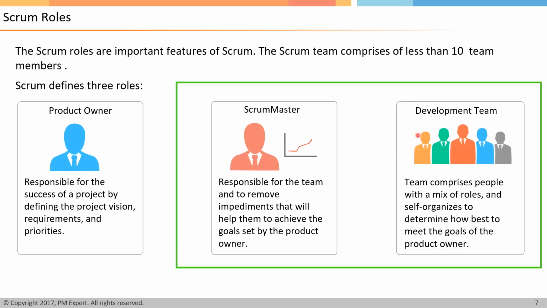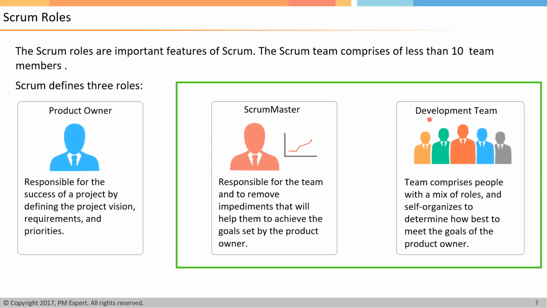Now, what is this development team? We'll talk about some of the characteristics of the development team. When we follow Scrum as is, one of the important prerequisites of Scrum, guys, is a self-managed cross-functional team who can convert raw requirements into functionality on their own without any external help.